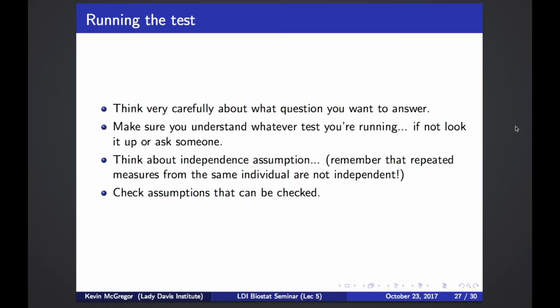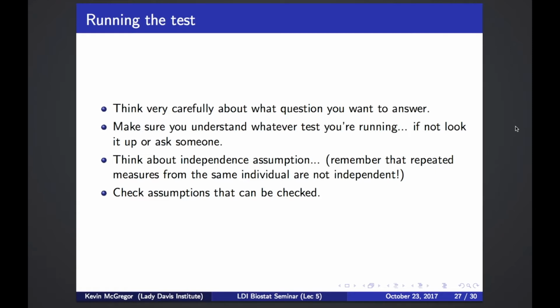And as for the other assumptions, well, check as many assumptions as you can. It's especially true in linear regression when we look at those residual plots. You just want to make sure that your assumptions are somewhat met, or if the assumptions aren't met, then you want to justify why you're using this analysis.